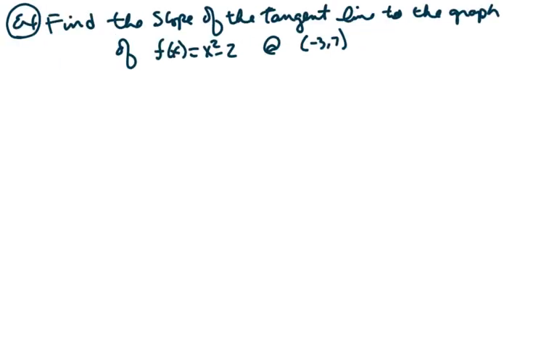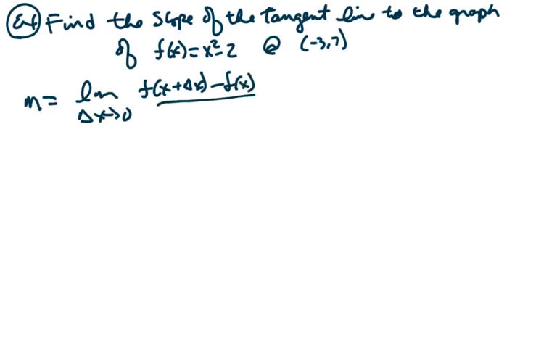In this example, what we're asked to do is find the slope of the tangent line to the graph of f of x equals x squared minus 2 at the point (-3, 7). And we're going to use the definition for that slope, which happens to be this limit problem right here. The way we're going to use this is as follows.